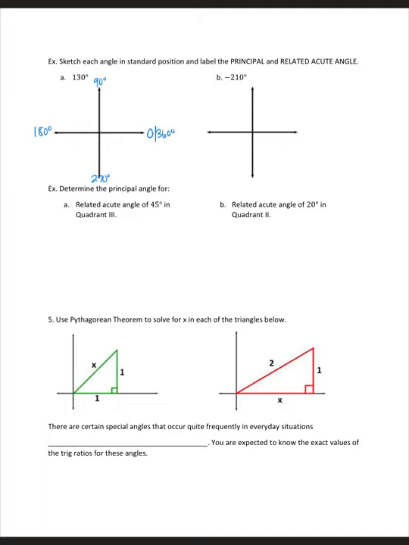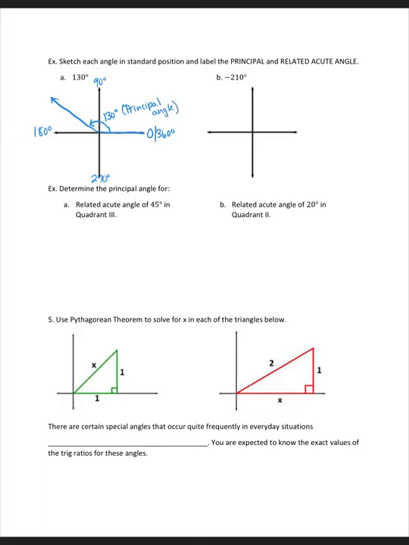So if we were drawing 130 degrees, we're going to start with our initial arm at 0. We're going to go counterclockwise because it's positive, past 90. We don't want to go quite to 180, but somewhere between. And we'll draw our terminal arm. So we can say 130 degrees, and we can even label that our principal angle.